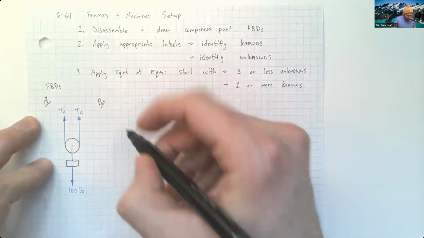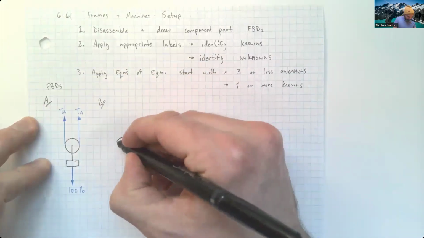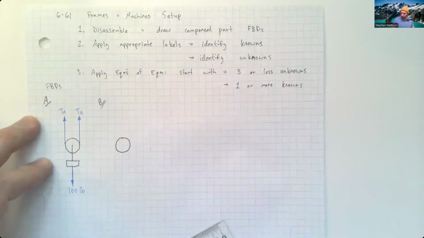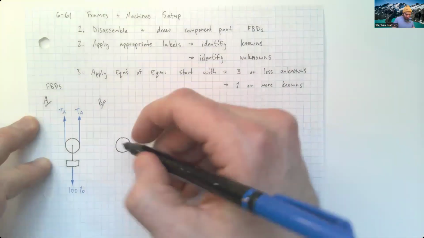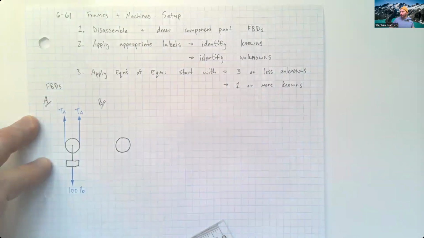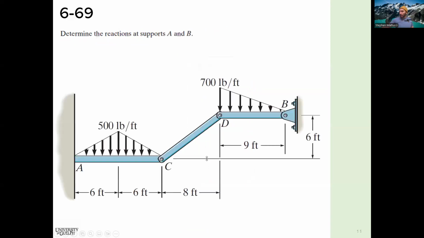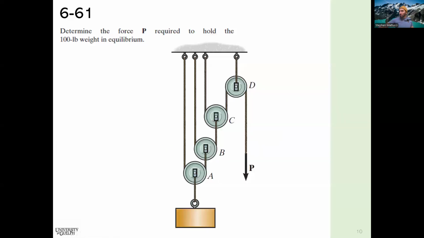So for B, draw my pulley. Let's go back to this diagram here. We know that B is connected. It has this force acting down on it. This is going to be the tension in cable A. So we're going to be drawing that acting straight down.